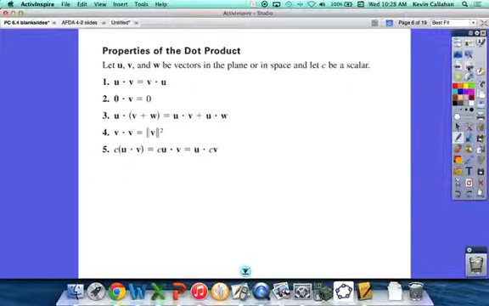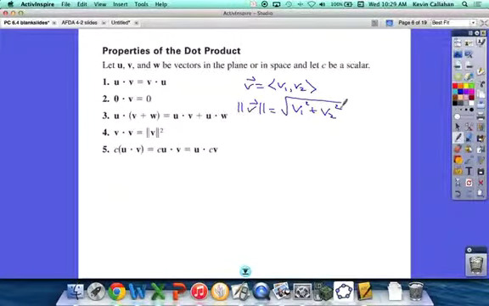The next one, we're going to find, if you take the dot product of a vector with itself, then you get the square of the magnitude. Well, just remember, how do we do the magnitude? If v equals v1, v2, then the magnitude of v would be the square root of v1 squared plus v2 squared.